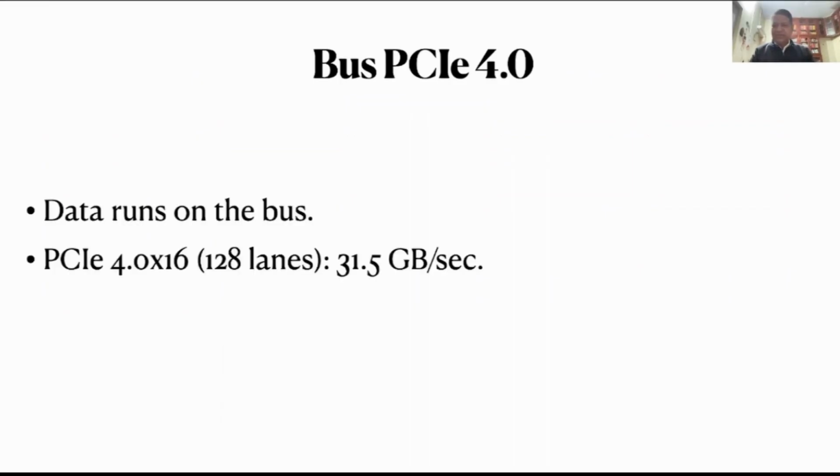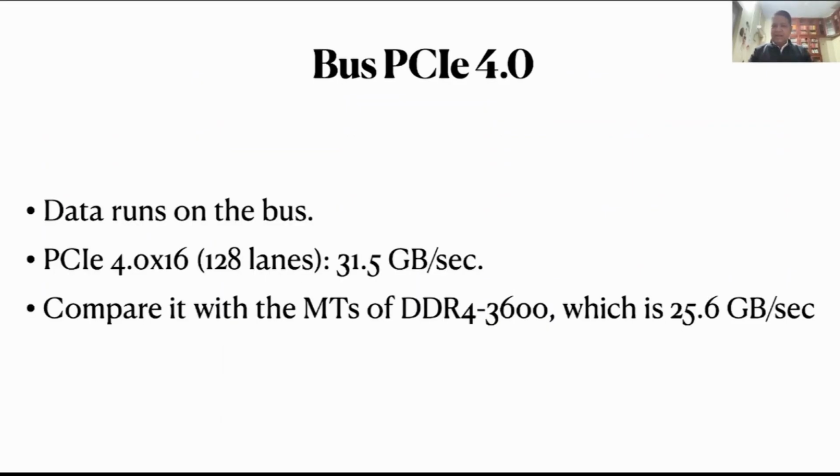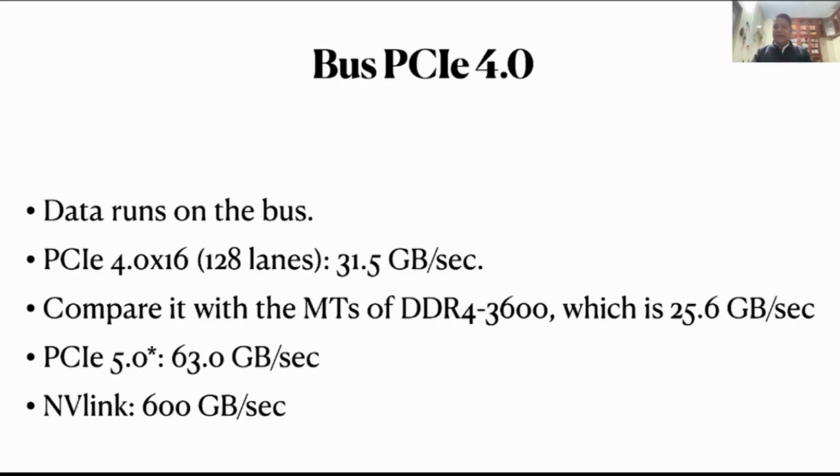Compared with the memory transfer in DDR4, which we just discussed, it is 25.6 gigabytes. So that's what I said. PCI 5 is 63 gigabytes. So the bus speeds and RAM speeds are comparable.